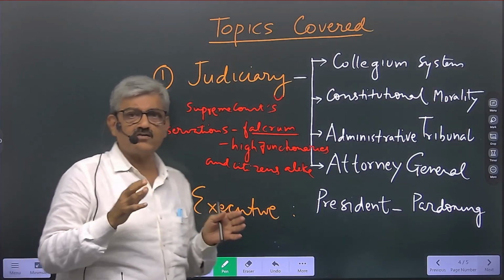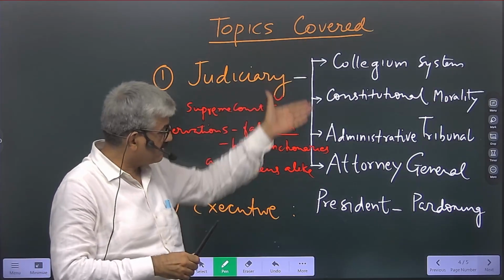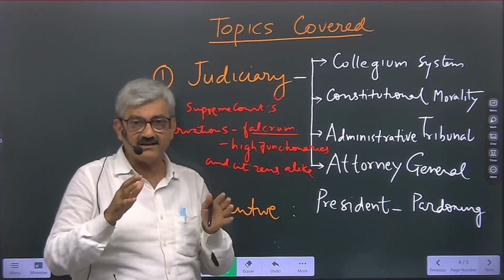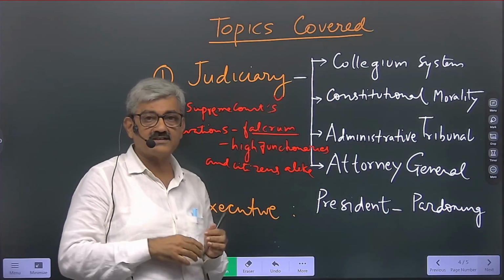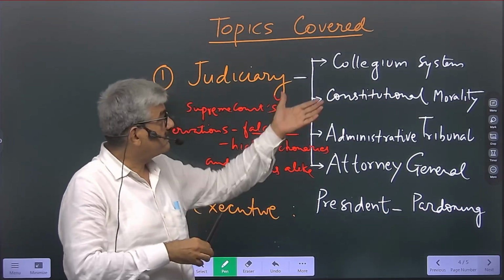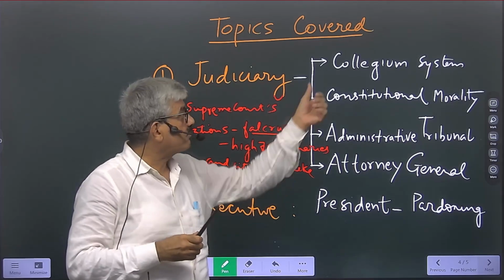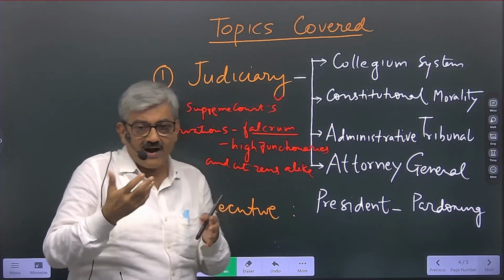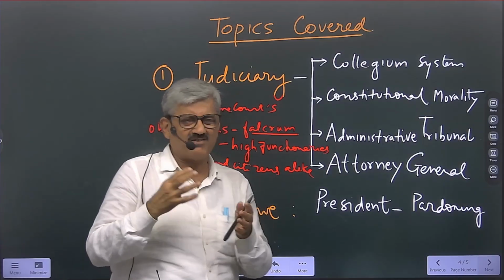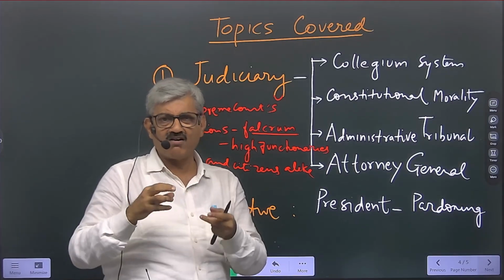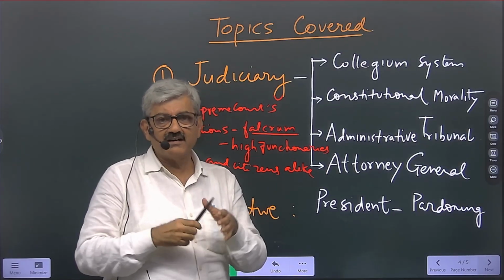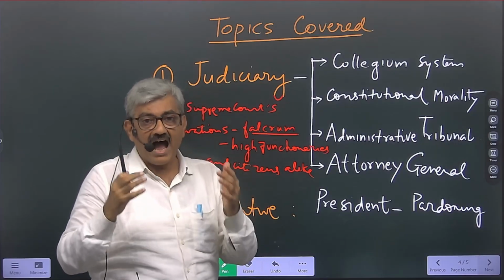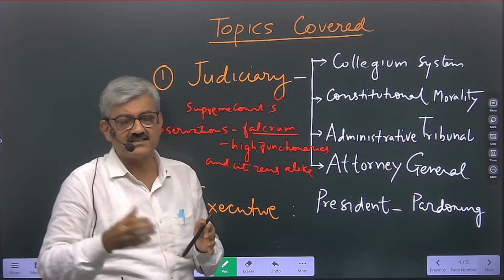We find questions on the judiciary. Quite a large number of subtopics have been covered under the judiciary: the collegium system, the construct of the collegium system. Then the Supreme Court itself has coined the term constitutional morality and made it a sort of axis or fulcrum, as we call it, around which they expect the high judiciary and even the citizens to work.